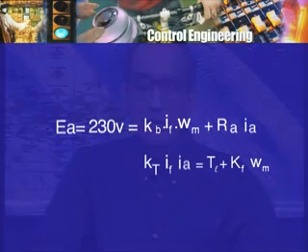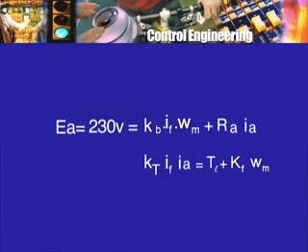These are known. So from these two equations, what are the unknowns here? The unknowns are essentially the field current and the armature current. Omega m is known, everything else is known. I have assumed that EA I am choosing, because of supply availability, as 230 volts. So everything else is known except the two unknowns IF and IA.